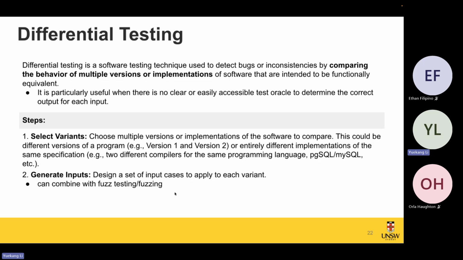We will be learning this later. Then we execute the different programs doing the same task with the same test input, and compare the results to see if there are any differences. So these are basically the steps.